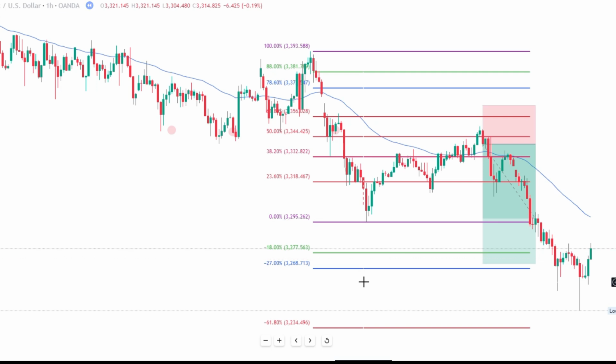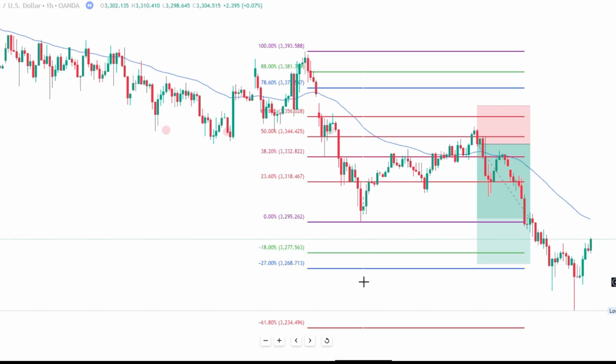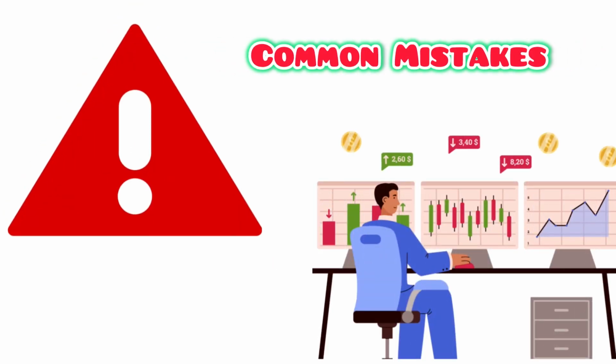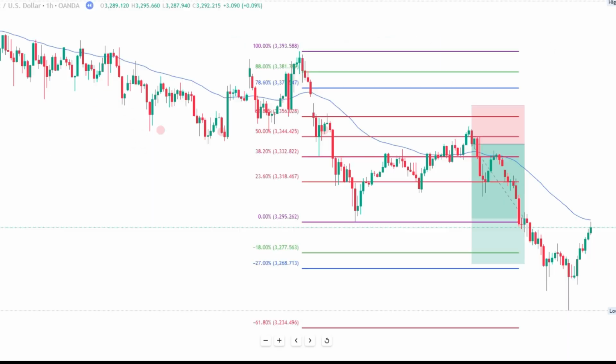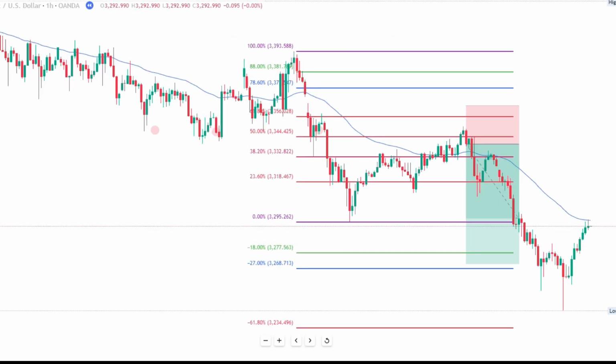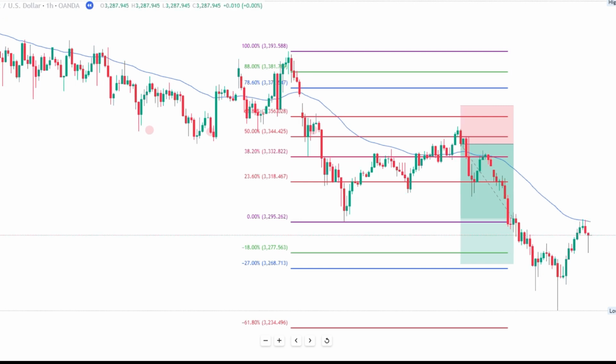Okay, with that said, I want you to understand that confluence zones are everything. Confluence zones are everything. And here are some common mistakes that traders generally make. You're forcing confluences, meaning that you don't see anything lining up, but then you're creating things in your head to line up because you want to take a trade. I want you to understand that that's not how it works.